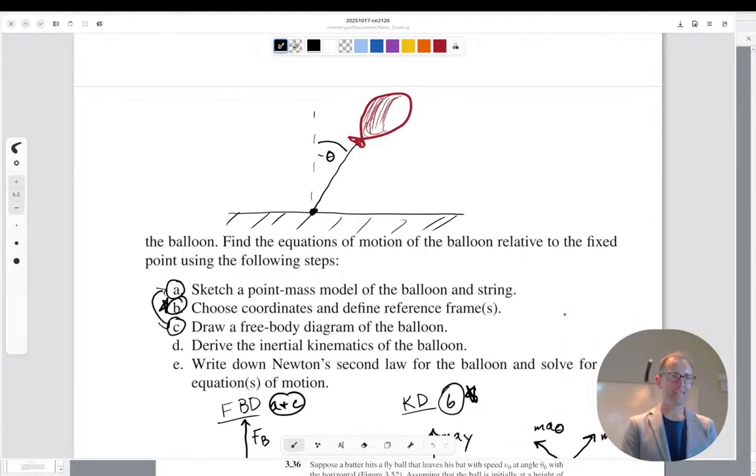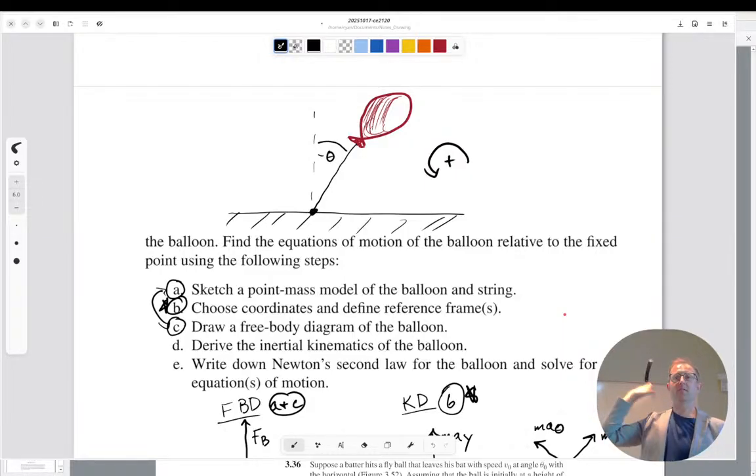For the theta, like why? I like to always do right hand rule positive theta, and so if I'm rotating in the negative direction, then I have a negative theta, with 0 being vertical.